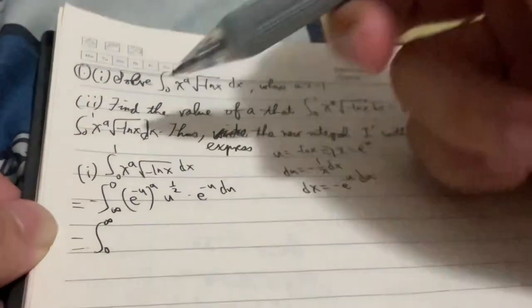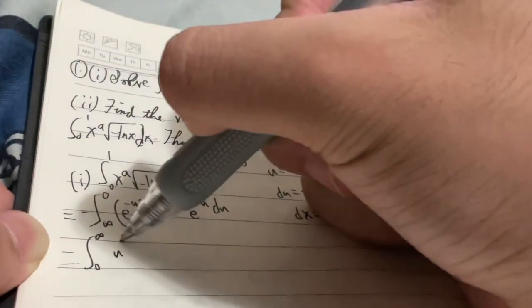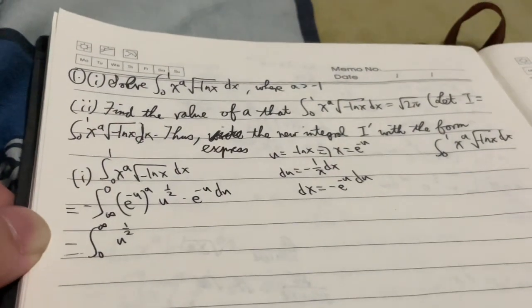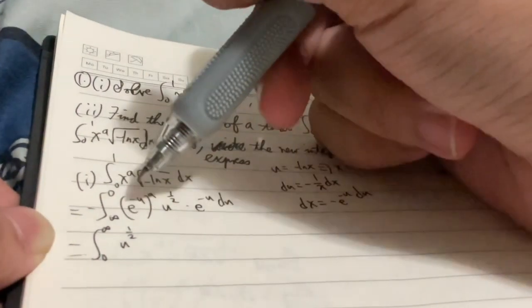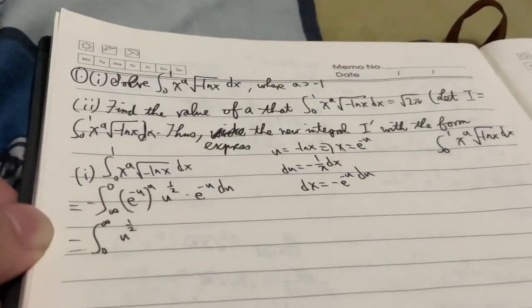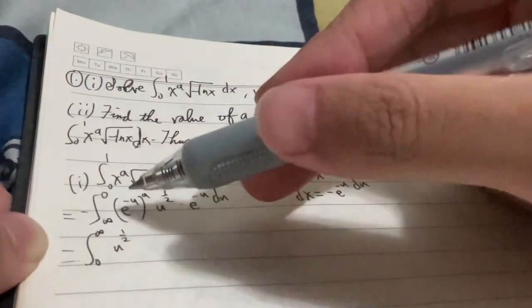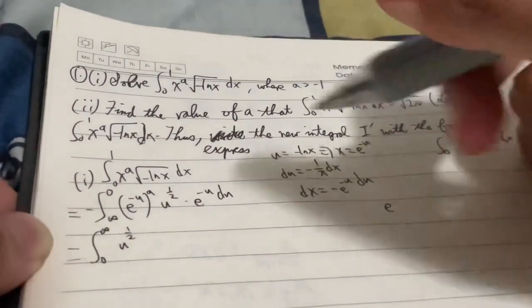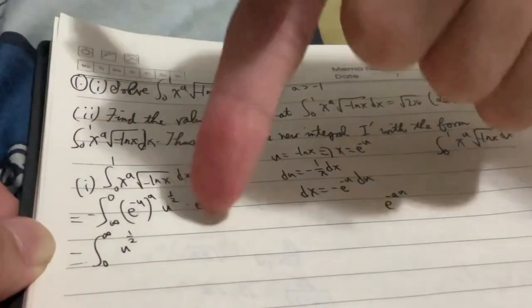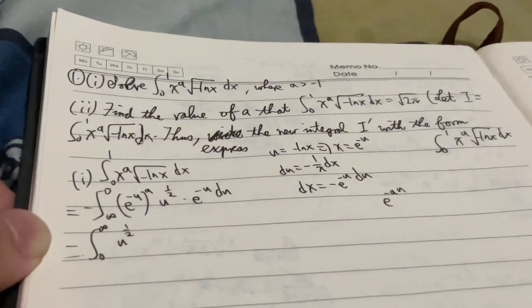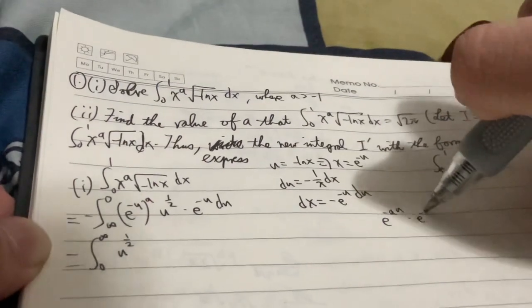So let me write down the u power of 1/2 in front of the integral. And here's the deal. e power of negative u, power of a. You can multiply by the power, you can get e power of negative au, right? And then I'm going to just add the power up. Multiply by e power of negative u.